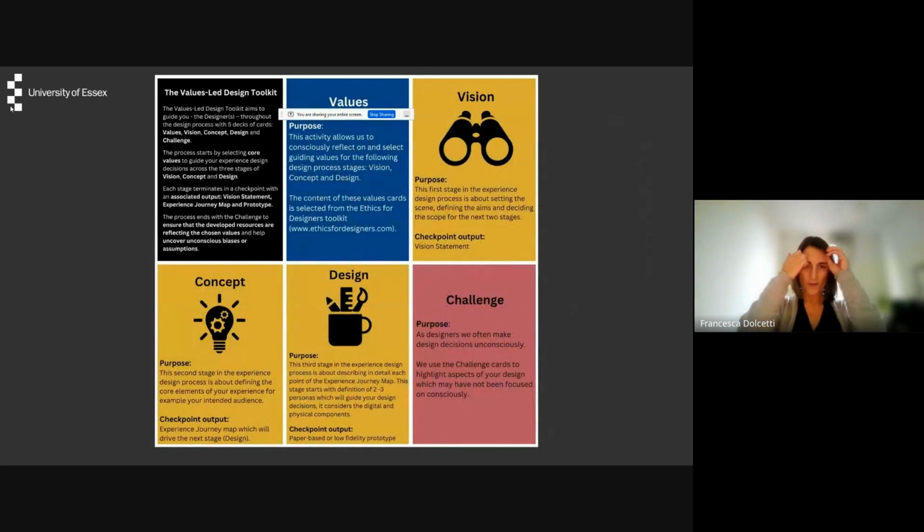Just a brief introduction of what I'm talking about here. This values-led design toolkit that we are using is a card-based approach that was created to customize values-led and participatory methods for the archaeology and heritage sectors, and basically to guide and support practitioners that have no background or previous knowledge in the design process in developing a different set of projects and resources.